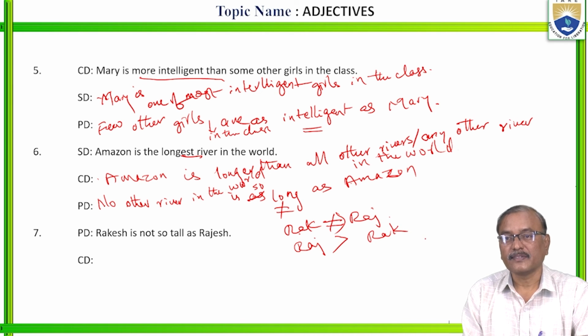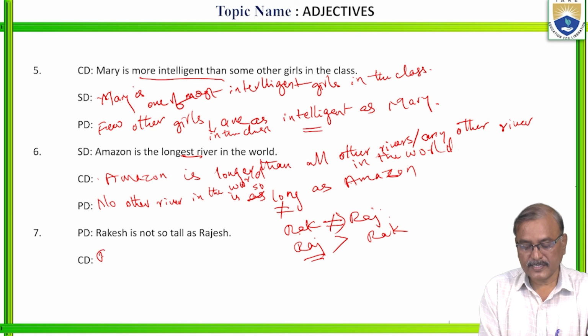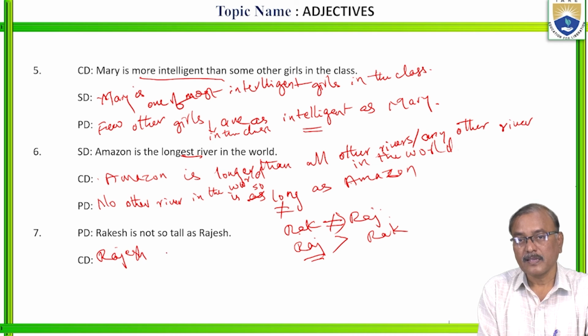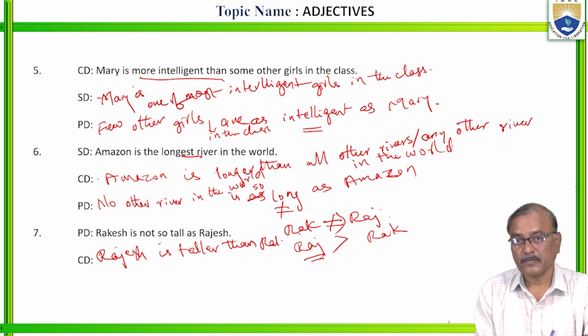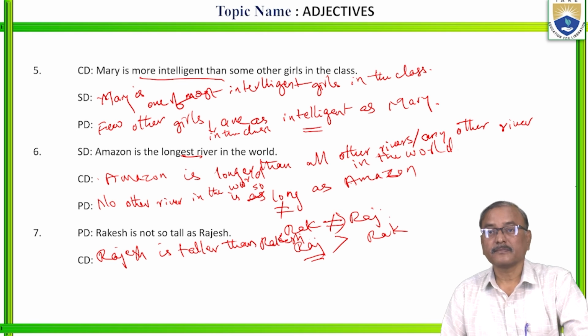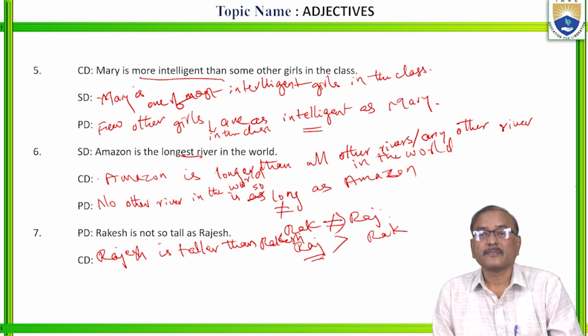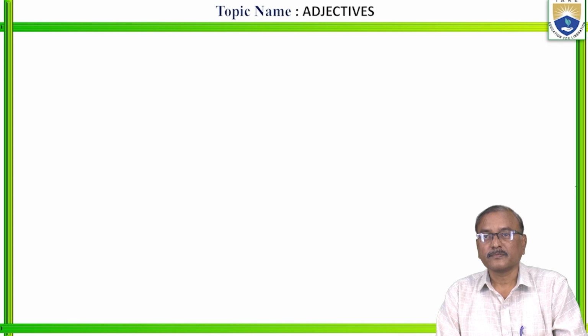Is it clear? When Rakesh is not so tall as Rajesh, who is superior? Rajesh is superior. So here, Rajesh is taller than Rakesh. Is it clear?